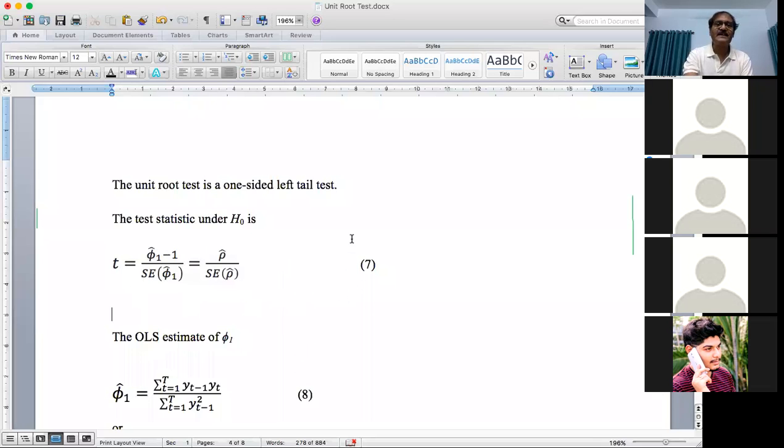We have calculated just now that the expected value of phi 1 hat is equal to phi 1, and its variance is equal to 1 minus phi 1 square by T. So the distribution of phi 1 hat can be written in this way: phi 1 hat is distributed normally with mean value phi 1 and variance 1 minus phi 1 square by T.